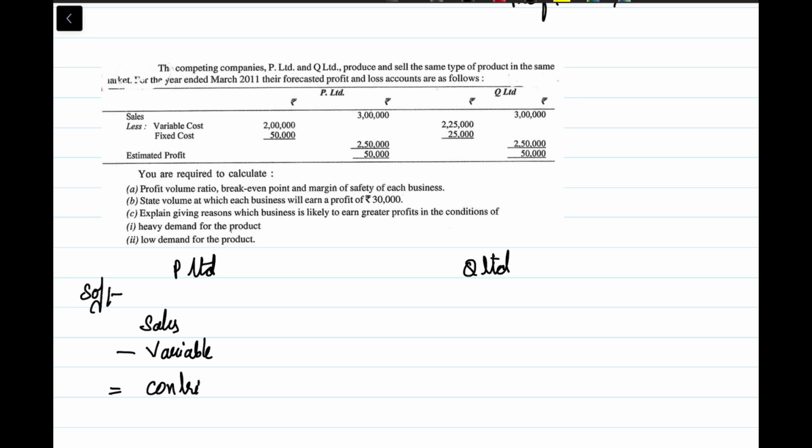Sales minus variable cost equals contribution. For P Limited, sales is given as 3 lakh, variable cost is given as 2 lakh, so our contribution is 1 lakh.